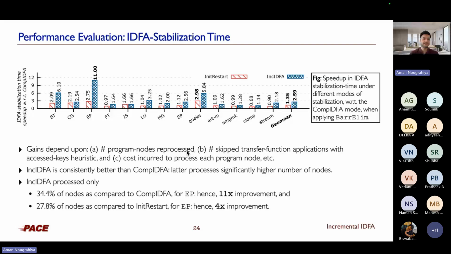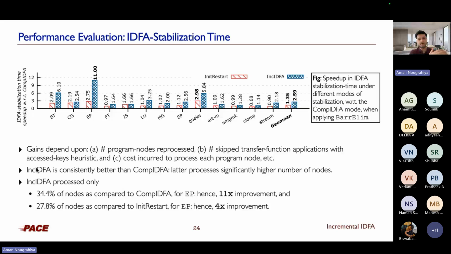And finally, the cost that is incurred to process different types of program nodes. Because one approach may, for example, reduce processing of 5 nodes, whereas another approach may reduce processing of 3 nodes. But what if these 3 nodes had much costlier computations? In that case, the savings will be much higher than for the processing of the other 5 nodes.